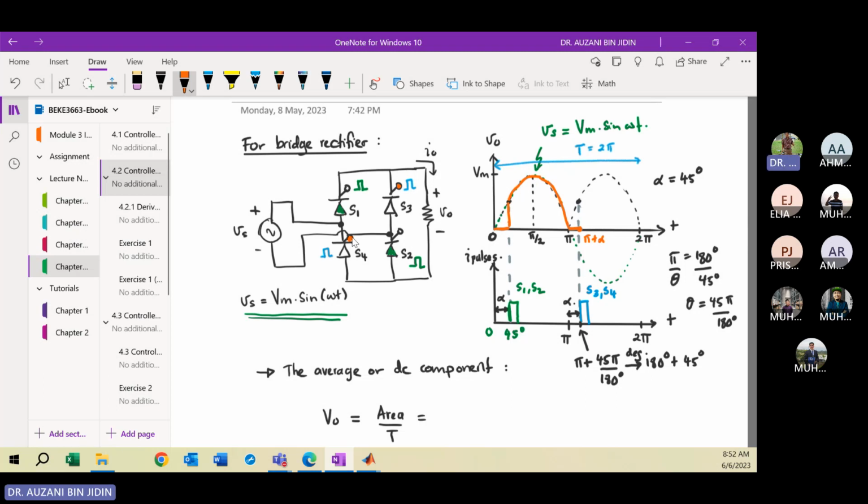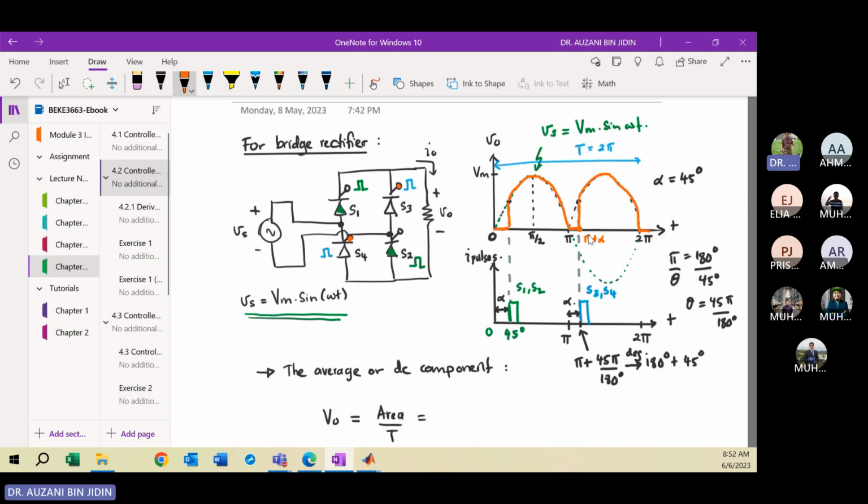So here, these two SCRs, S3 and S4, will be conducting, or short circuit. Then if you trace or analyze this circuit, you can have the output voltage be the inversion of Vs. Clear? Okay, clear?